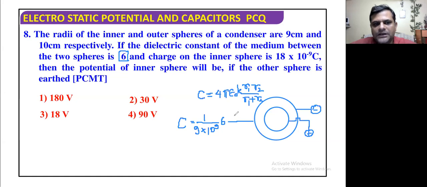So it will be 9 into 10, which is 90, but we have to multiply it by 10 raised to minus 4 because both of them are in centimeter, right? And R1 plus R2 means 9 plus 10, which is 19, and that will be multiplied by 10 raised to minus 2 only.